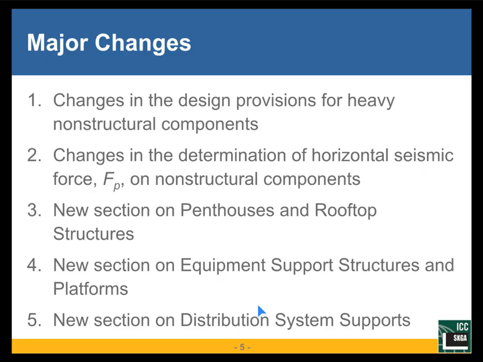This is by far the biggest change in the chapter, and I would like to explain this change to you as fully as I can, and this has other implications. New section on penthouses and rooftop structures, new section on equipment support structures and platforms, new section on distribution system supports.